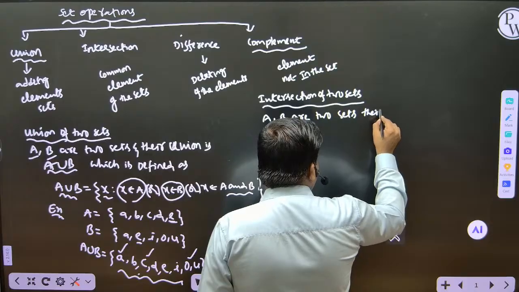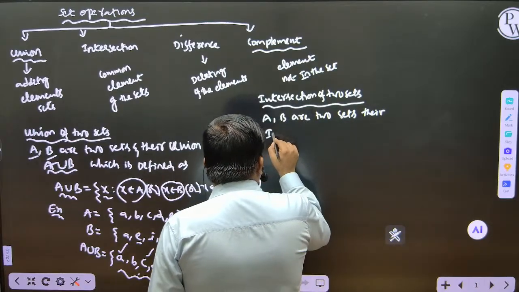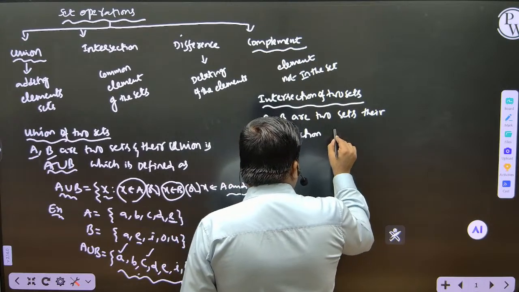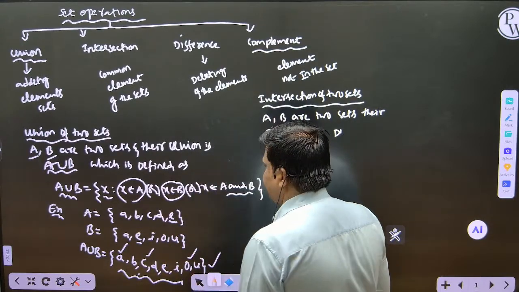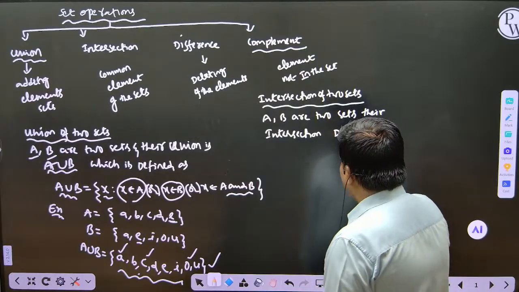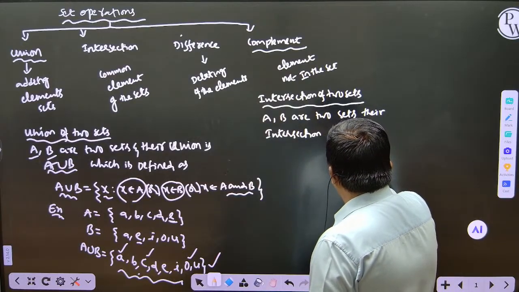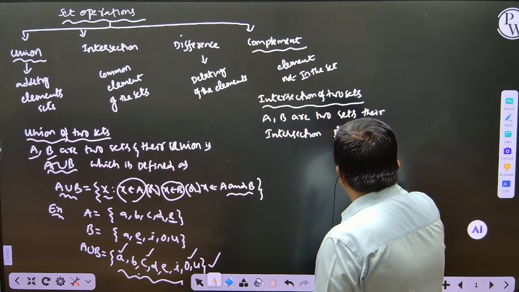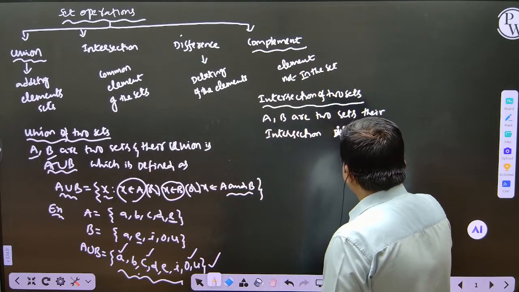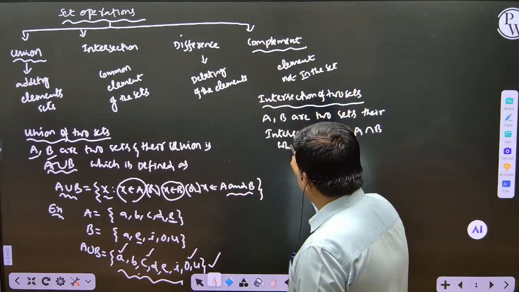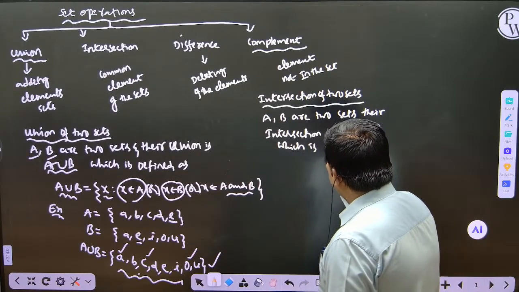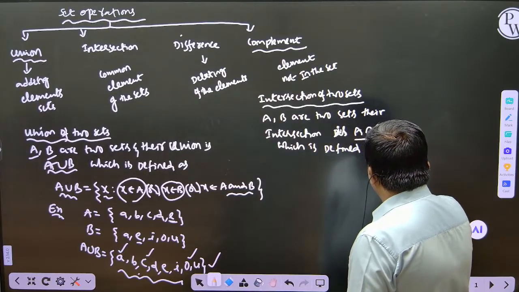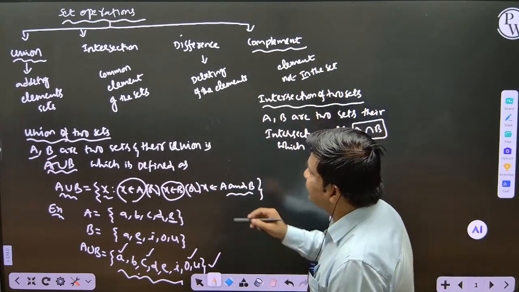Their intersection is denoted by A intersection B, which is defined as follows. Look here, A intersection B: what is the nature of the intersection?